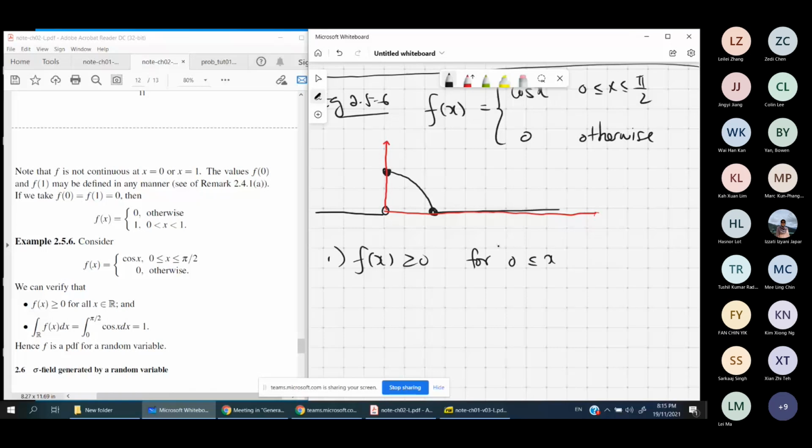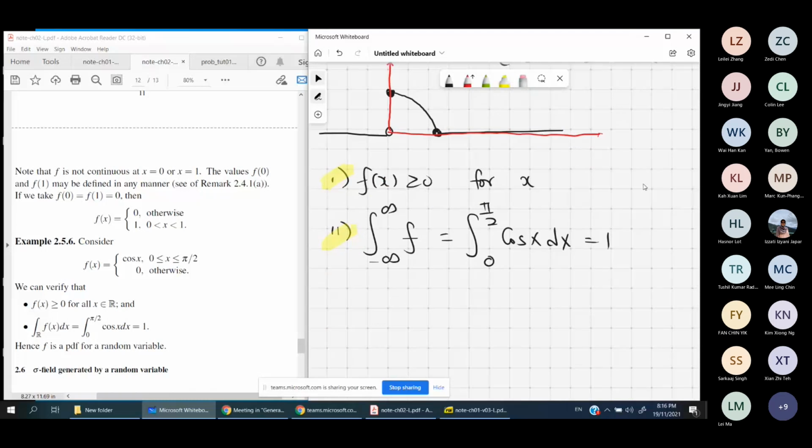And secondly, if we integrate f from negative infinity to positive infinity, the outside part returns value 0. So we only need to look at 0 to pi over 2. So this is equal to 1. So when we have 1 and 2, then we can see this is a PDF.